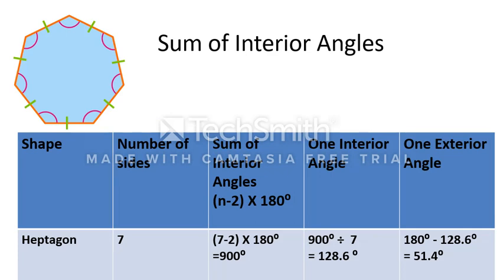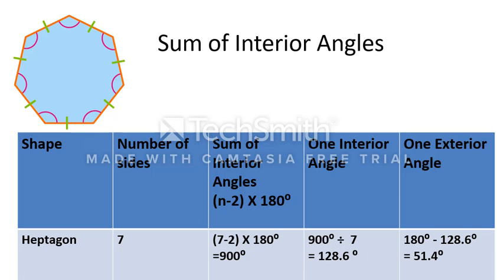A heptagon has 7 sides and 7 angles. I want to calculate the sum of interior angles, so we will replace n with 7. 7 minus 2 is equal to 5, and 5 times 180 degrees gives us 900 degrees. So 900 degrees is the sum of angles in a heptagon.